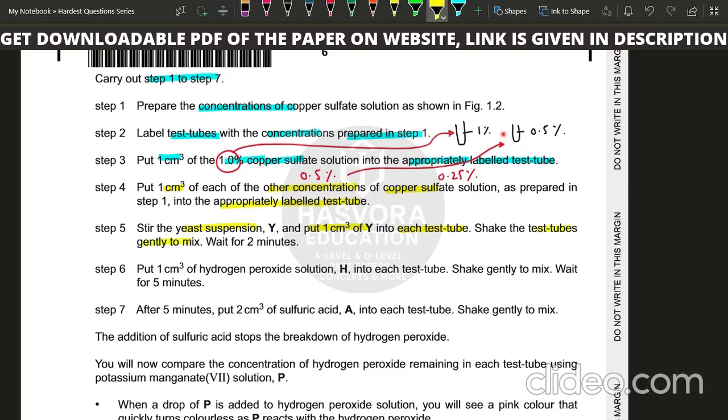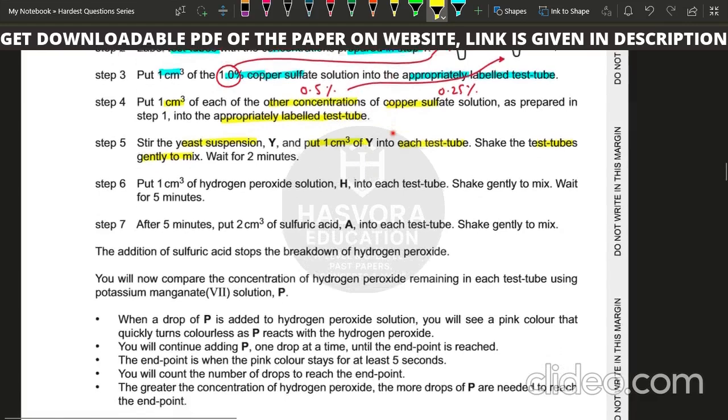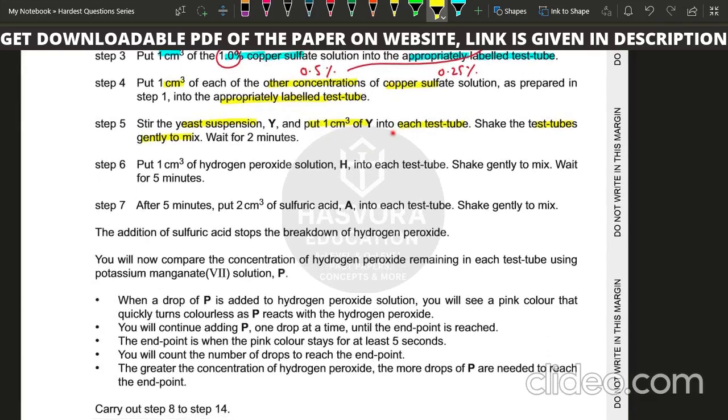So now you have the copper sulfate in different concentrations and the yeast suspension of 1 cm cube in each test tube. Okay, now what you have to do is put 1 cm cube of the hydrogen peroxide solution, which is actually your substrate or the reactant in this reaction, into each test tube and shake it gently to mix, and then wait for 5 minutes.